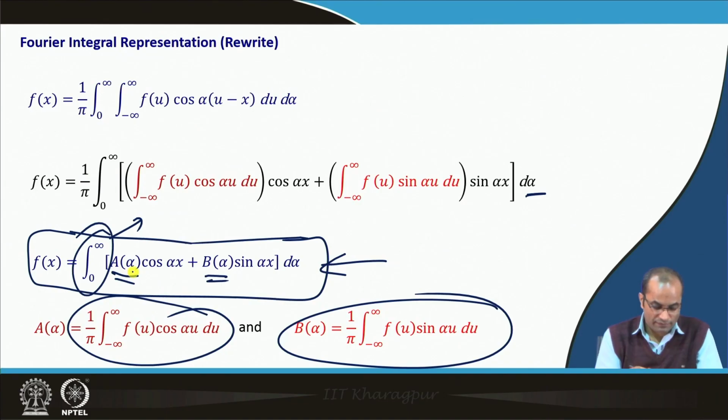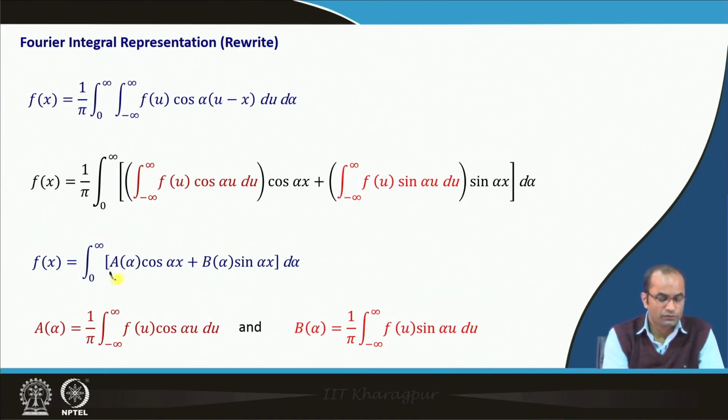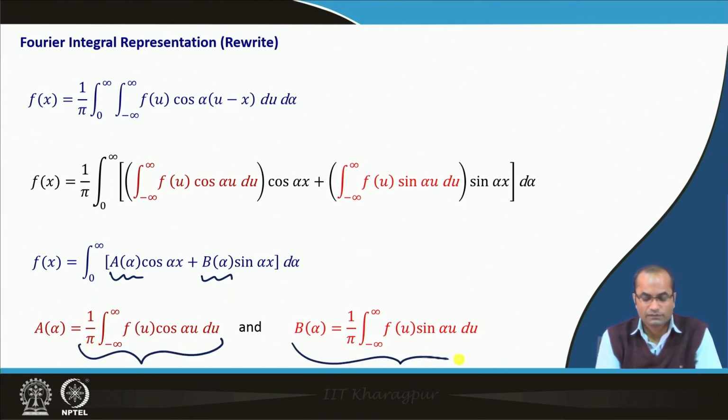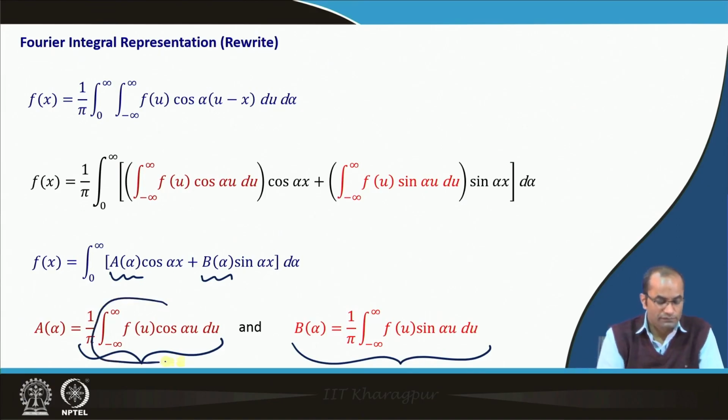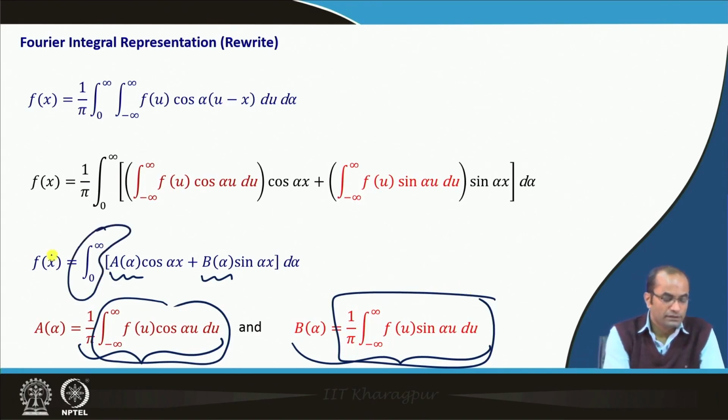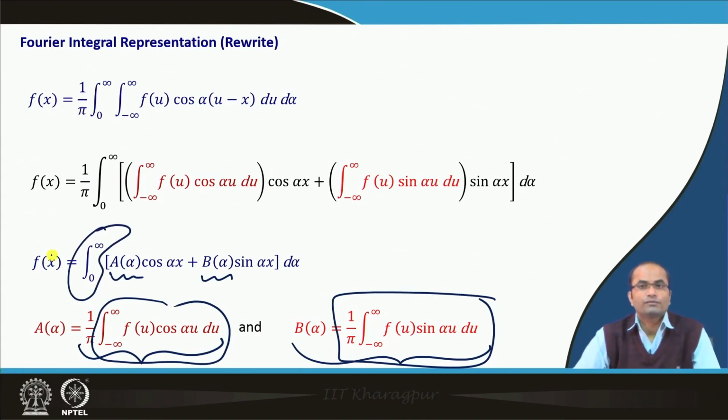In this case, instead of those Fourier coefficients, we have A and B, coefficients which are again defined in terms of integrals, whereas earlier also a_n and b_n were defined in terms of integrals, but the summation for the Fourier series is replaced by this integral.